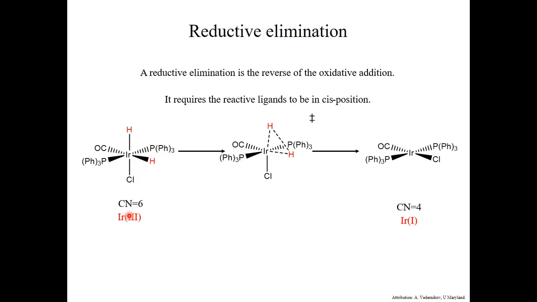So as the reductive elimination happens, these two hydrogens through molecular vibration come closer together, and through an intermediate transition state, the hydrogen-hydrogen bond can form, and eventually hydrogen will be eliminated, and then the iridium is in the oxidation state 1, because we have only one inorganic ligand left here.